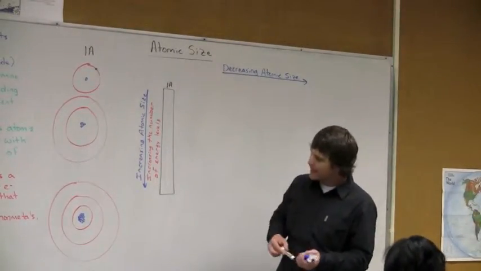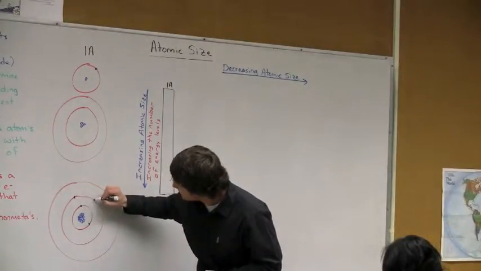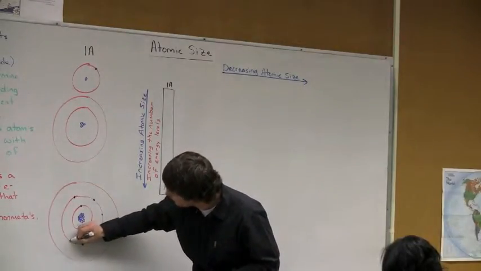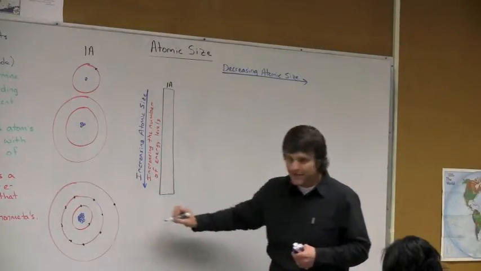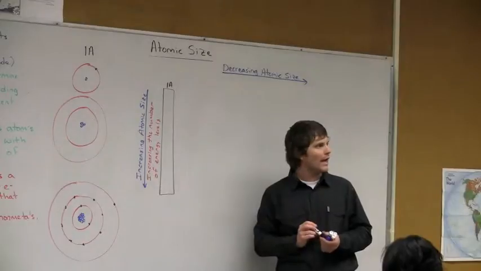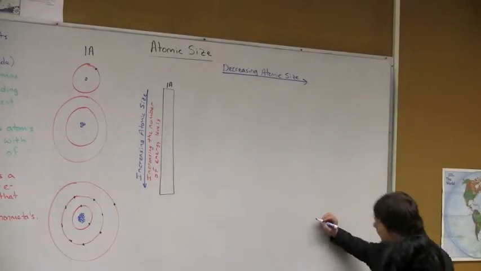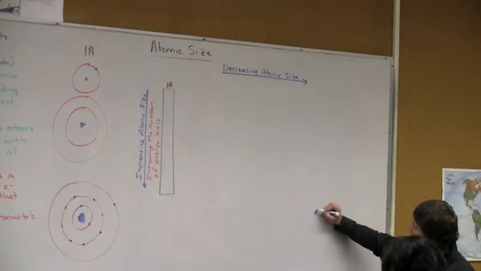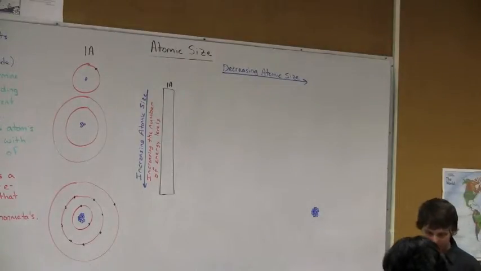So let's say that I took a look at sodium with its 2 electrons here, its 8 electrons here, and 1 electron here. As I go across sodium's row and I end up way over on the other side for argon, argon has 18 protons.